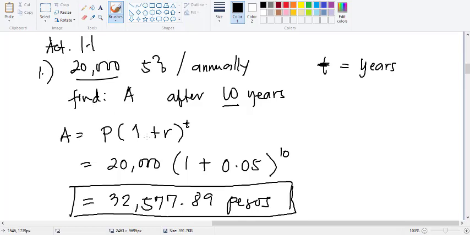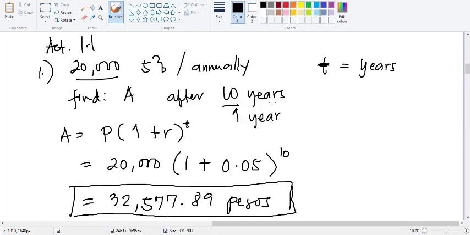Nadagdagan ng 12,577. Now, i-try natin sabihin natin, within 1 year, kailangan mabayaran mo na siya. So, magkano lang ang babayaran mo ngayon within 1 year? Let me use my calculator.